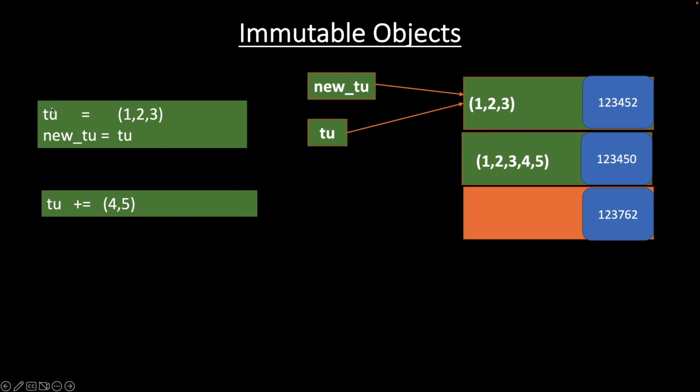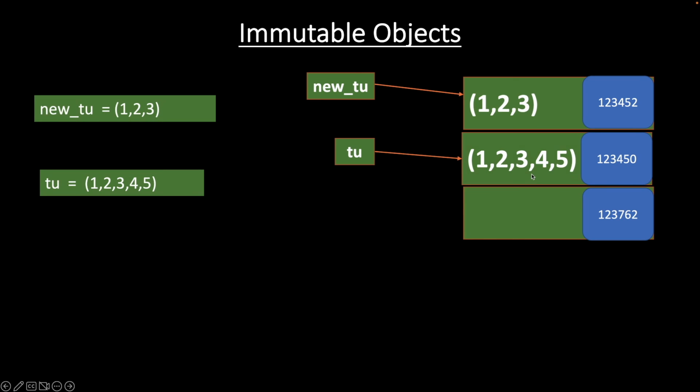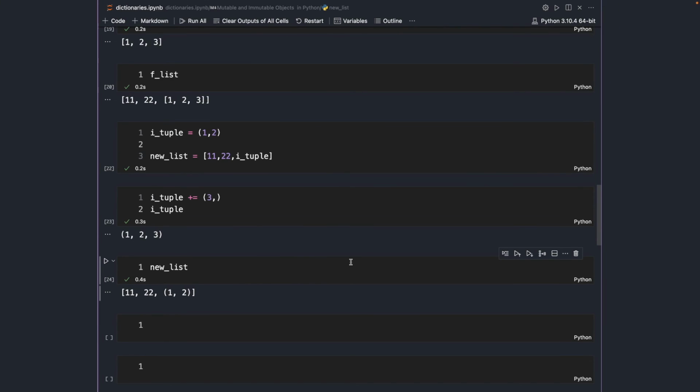One was the independent i tuple and another i tuple was a part of our list. When we changed the reference, they were referring to the same object, and when we changed the independent i tuple, it changed its reference to another object which was created temporarily, whereas the i tuple which was the part of a list was still referring to the same original object. So that is what happened over here.